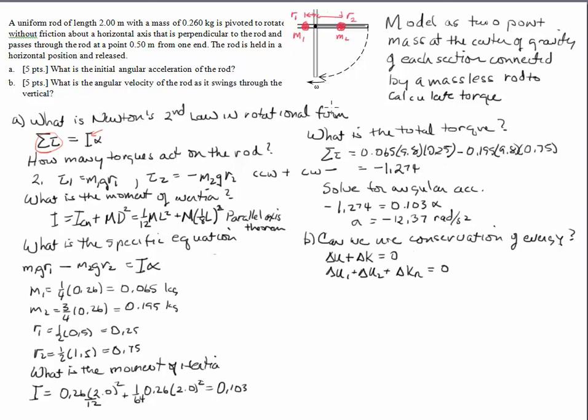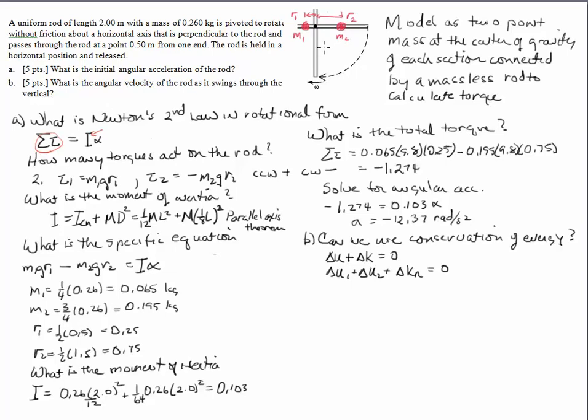Now we can already see that when this rotates and swings down, the change in gravitational potential energy of the left side is going to be positive. That will increase, and the change in gravitational potential energy on the right side will decrease.